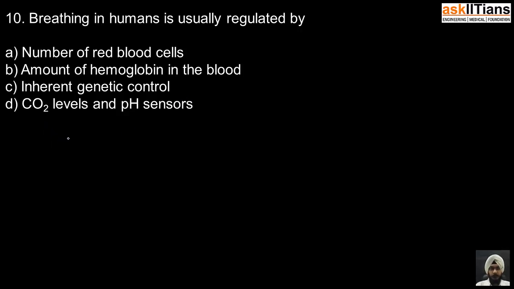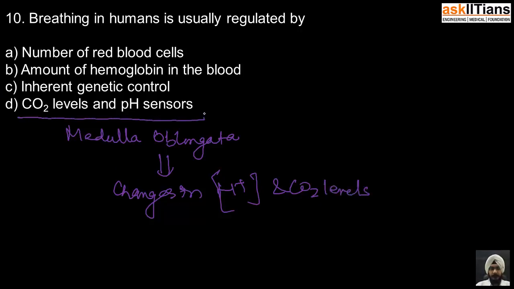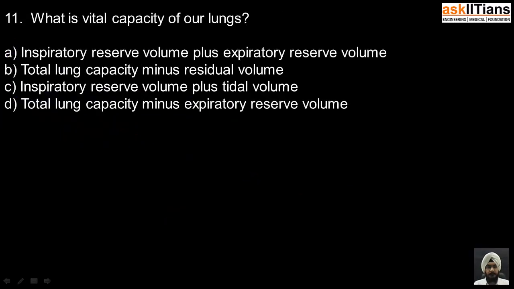Breathing in humans is regulated generally by the medulla oblongata, and the medulla oblongata basically responds to changes in the H+ ion concentration and CO2 levels. So the correct option is CO2 levels and the pH sensors, D. Rest of the options are incorrect.